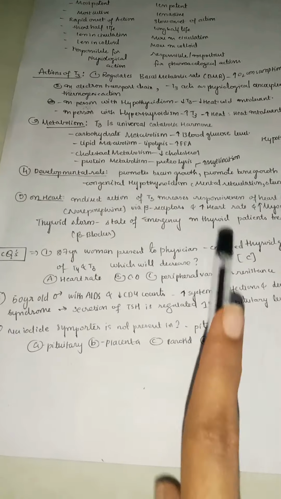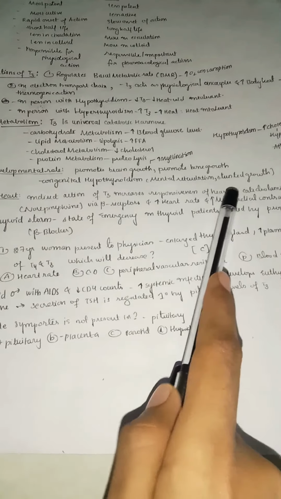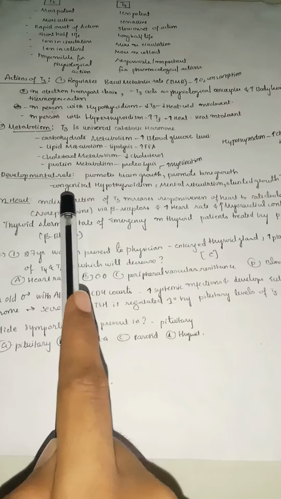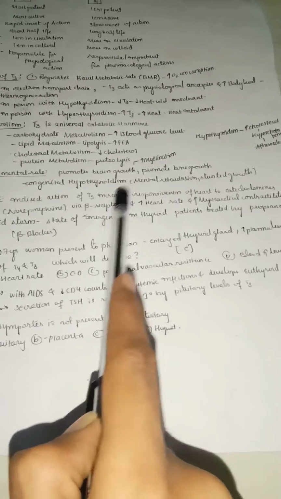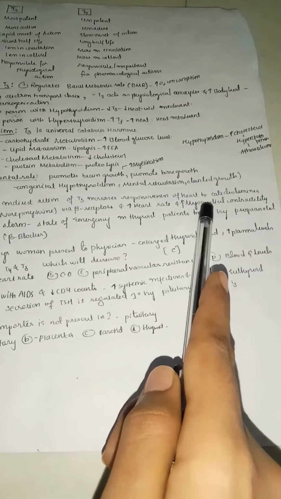Next, let us see what is going on in the heart because of thyroid. The indirect action of T3 increases responsiveness of the heart, mainly to catecholamines like norepinephrine via beta receptors, and increases the heart rate, of course, and also increases the myocardial contractility. Thyroid storm is a state of emergency in thyroid patients, and it is treated by propranolol, which is a beta blocker.